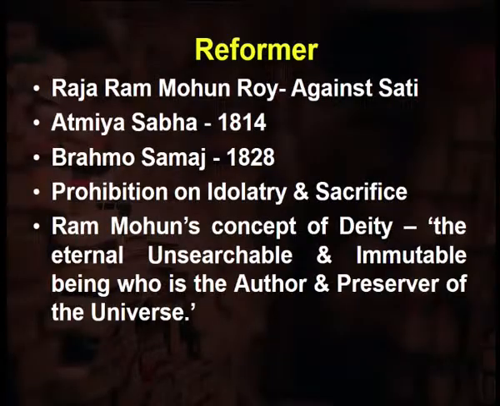And when we talk about reformers, we find that Raja Ram Mohan Roy was against Sati, and he started various other organizations like Atmiya Sabha in 1814, Brahmo Samaj in 1828, and he talked about prohibition on idolatry and sacrifice, and his concept of deity, the eternal, unsearchable and immutable being, who is the author and preserver of the universe.